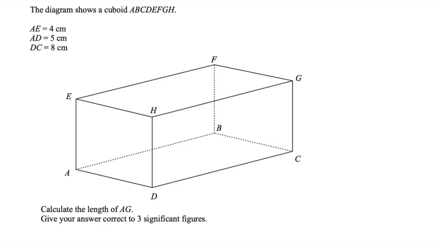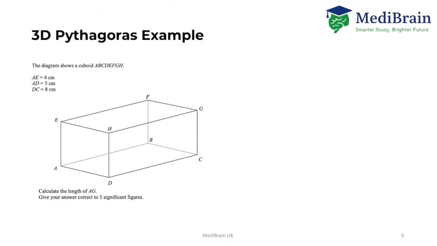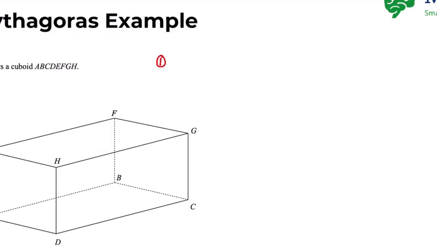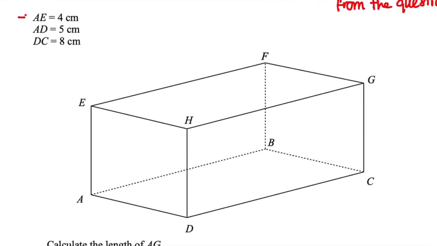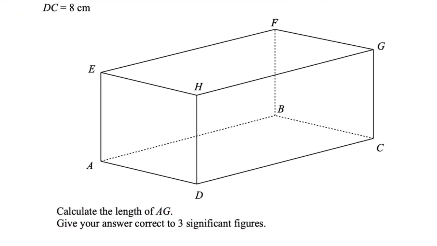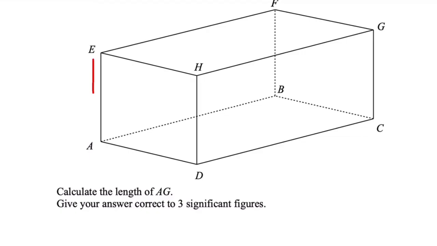Now the first thing is to label anything that you know from the question. So step one is label anything you know from the question. As you can see over here, we know that AE is 4 centimeters. So AE, this length over here, is 4 centimeters.